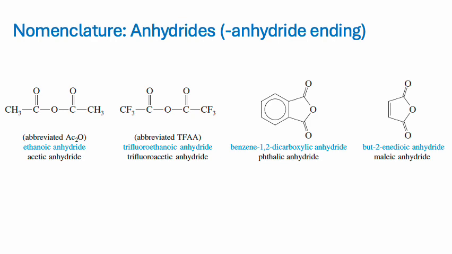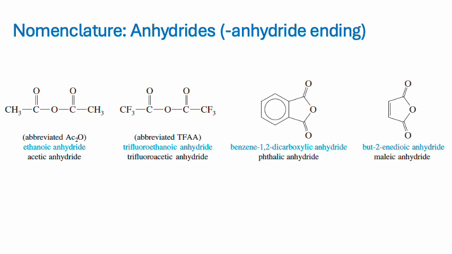We look at the next one. This would be 1, 2, 3, 4 if we look at the number of carbons in this chain. And so this would be a butane, but it has a double bond, so this would be butene. The double bond's at carbon 2, so it's but-2-ene.